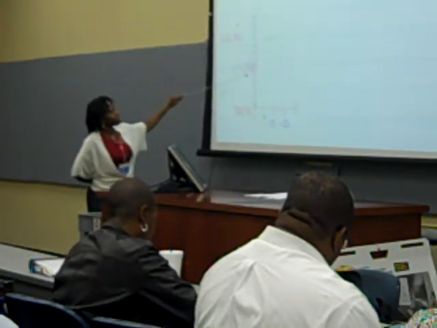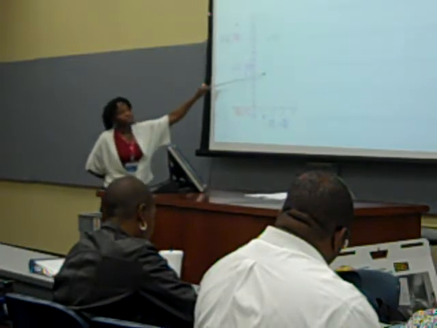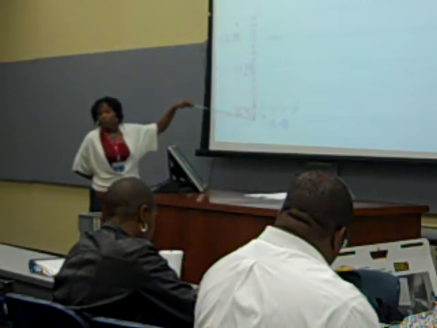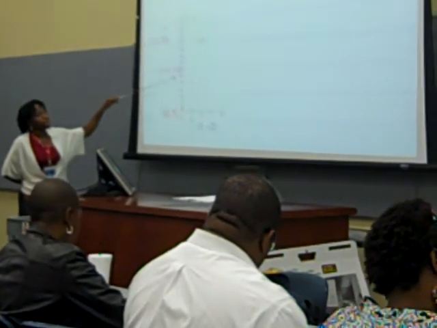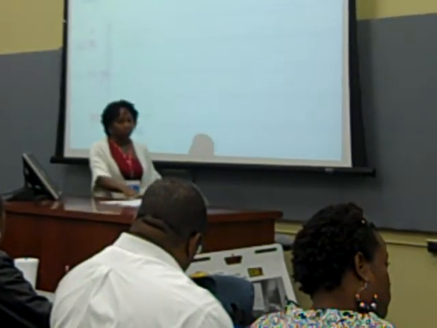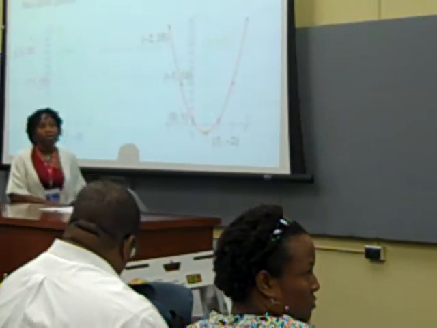So this point, you have to count the distance it is from the axis of symmetry, not necessarily the y-axis, but the axis of symmetry. So don't confuse that. You have to count the distance from the axis of symmetry. So when we do that, let's look at our graph, and here's our graph with our other points reflected.